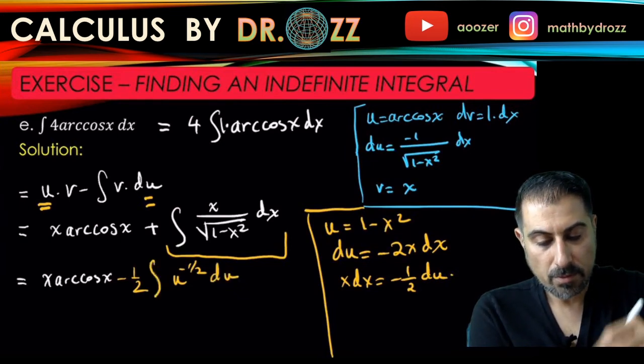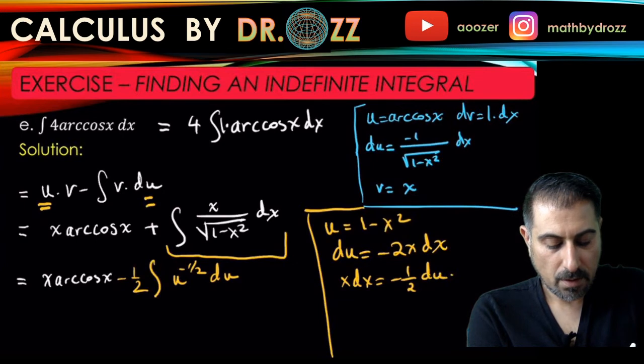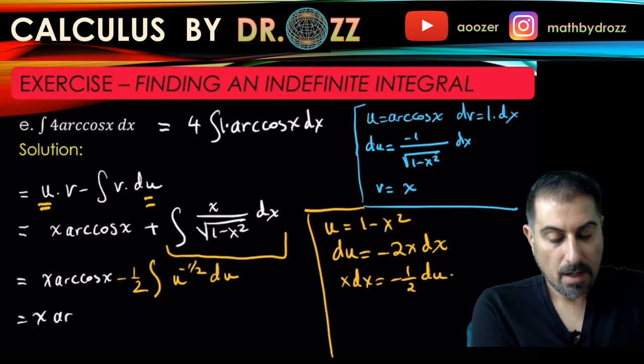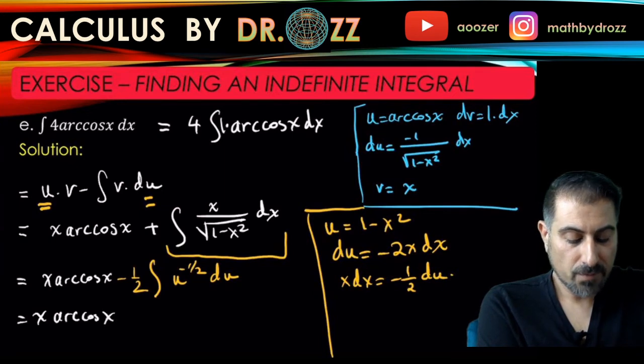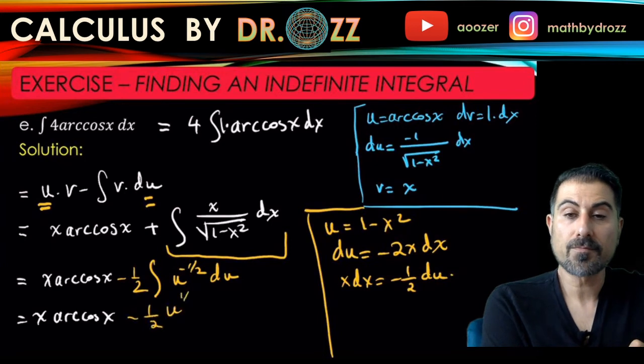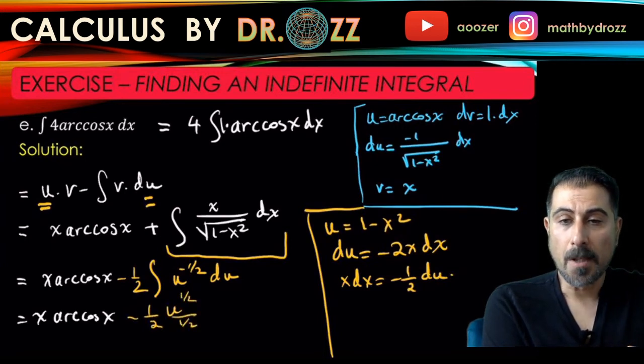All right, let's continue from here. x arc cosine x. Let's integrate this: minus 1/2 times u to the 1/2 divided by 1/2, using the power rule for integration.